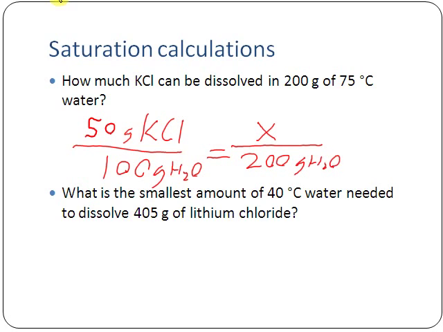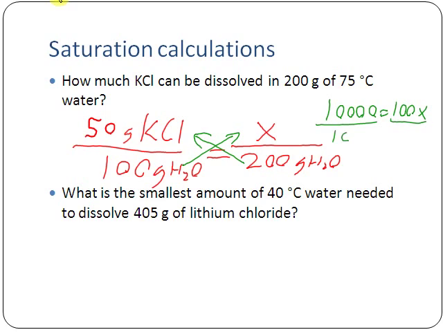At this point, all we really want to do is solve for x. We're going to cross multiply the 200 up here, multiply the 100 up here. When we do that, we grab our calculators. You get 200 times 50, which is 10,000. So I get 10,000 equals 100x.